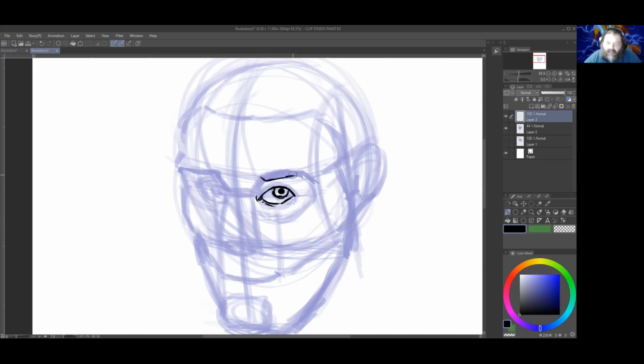The eyebrow is in a neutral face. The eyebrows are over the bone here, but that's where the bone is. But there are actually muscles and skin over that, which is what allows us to move our eyebrows around.